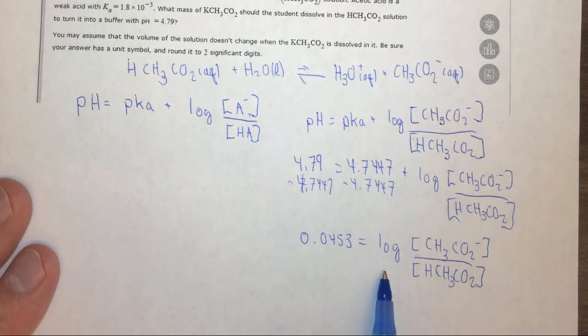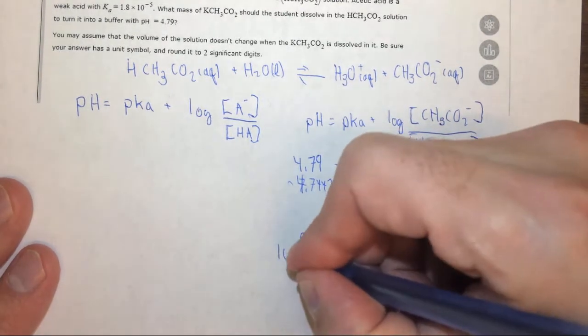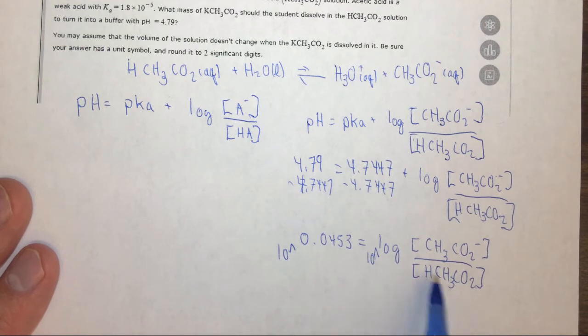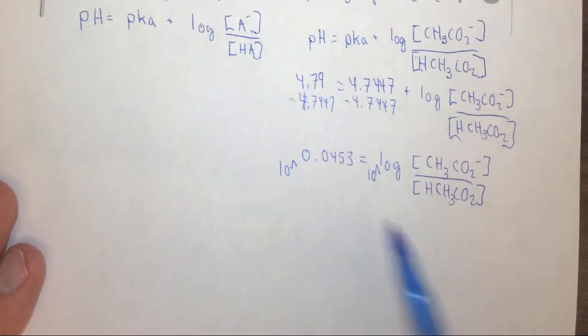Now I need to get rid of this log. So I want to take 10 to the power of both sides, or take the inverse log of both of these, in order to get rid of that log.